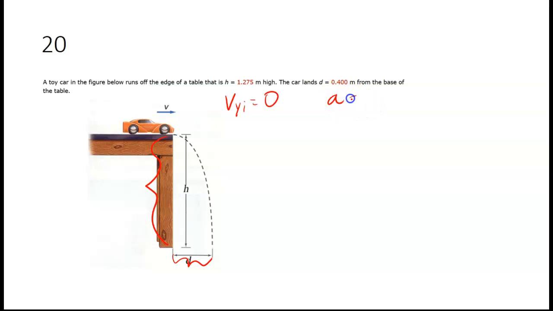We can say our acceleration in the vertical is negative 9.8 meters per second squared, if we want to say down is negative. We don't know what our initial horizontal velocity is. We do know that our horizontal acceleration is 0.